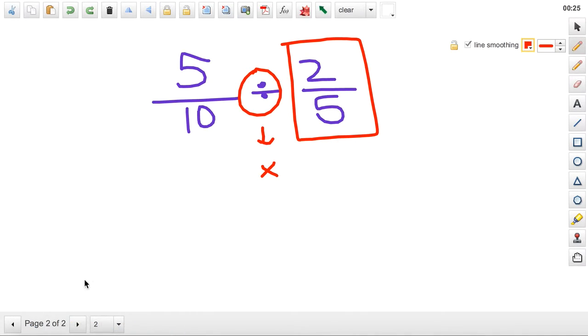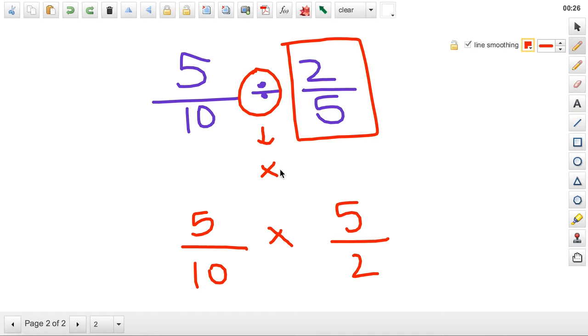So our new problem, which we can solve, is 5/10 times 5/2, because we flipped our second fraction, or we found the reciprocal, which is 5/2.